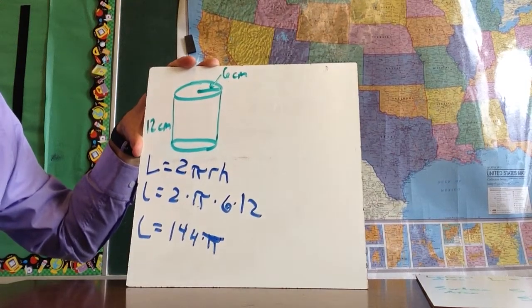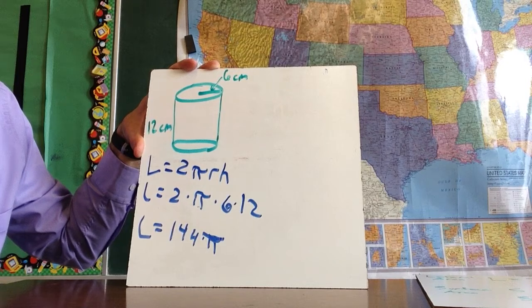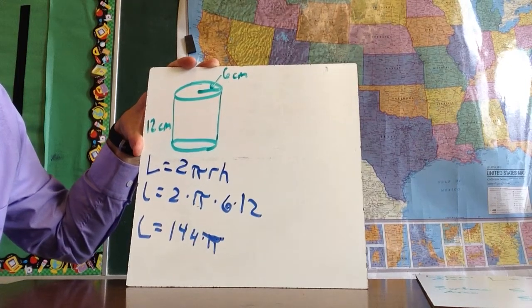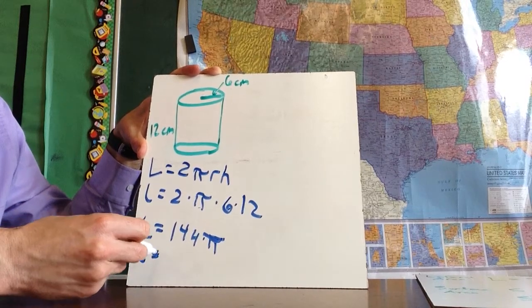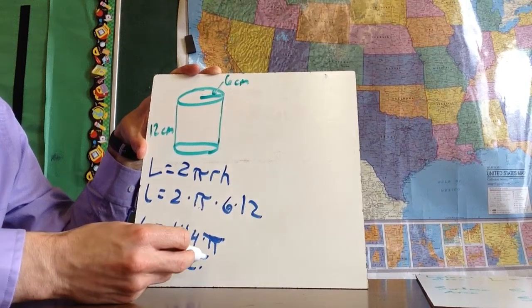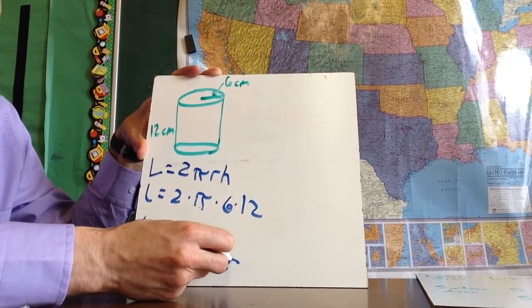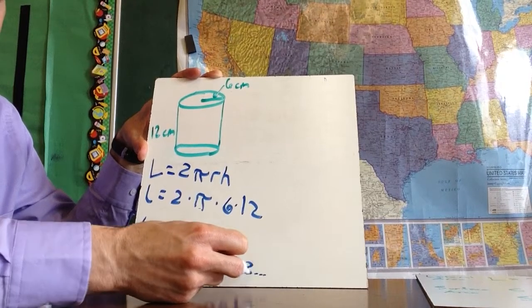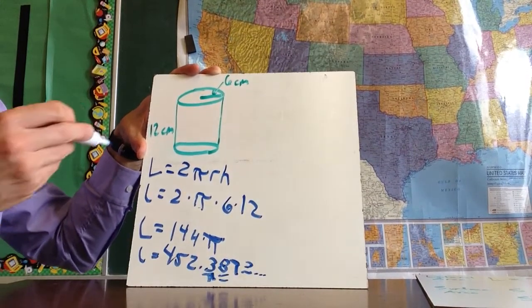And so remember, the commutative property tells me I can multiply them in any order that I want. And so 144 times pi will give me 452.3893... Remember that this 8 is going to tell me that I should round up on that 4.